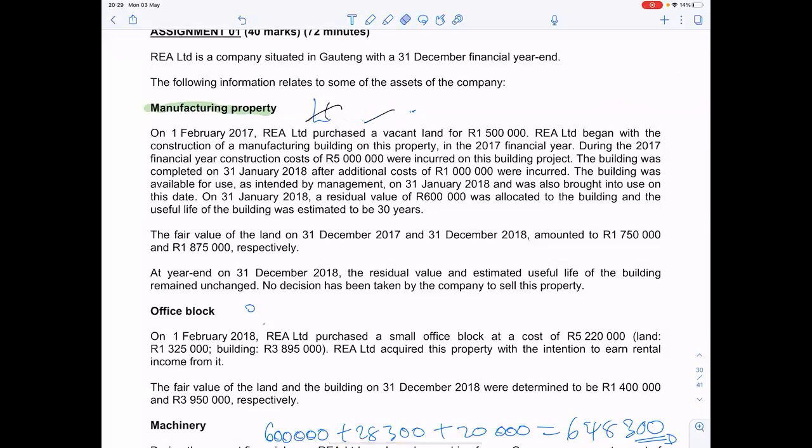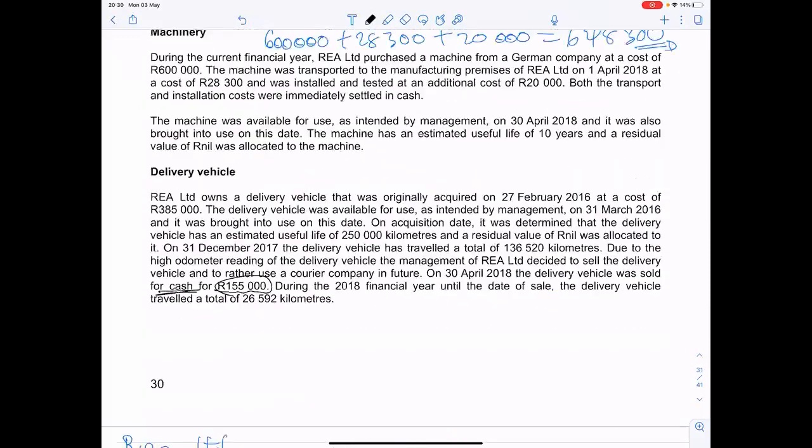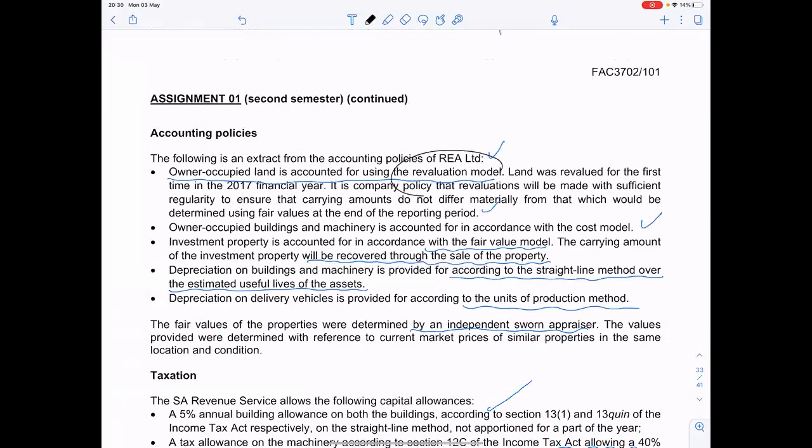Our year starts on 1 January 18 until 31 December 18. So it therefore means that the land was acquired in the previous year. It was acquired at a value of 1.5 million. But remember, the entity is showing the land at fair value according to the notes. They are using the revaluation model.